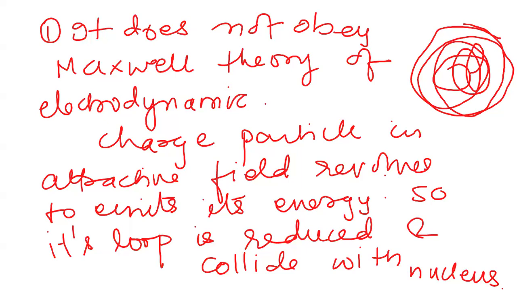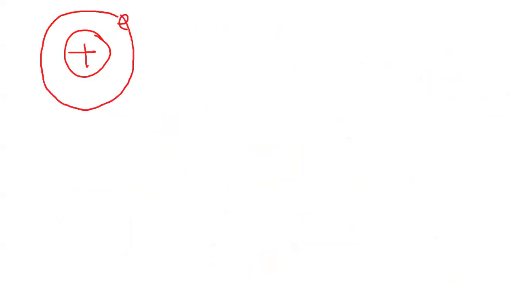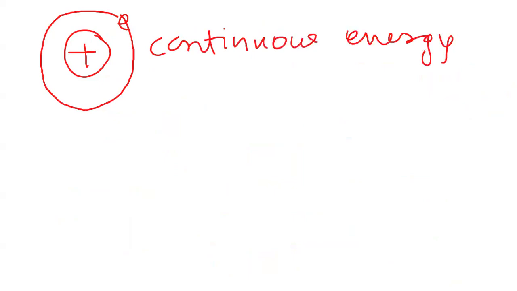Okay. So basically, what we see is that if this is a positive charge, and electrons are moving around it, then continuous energy is emitted, right?